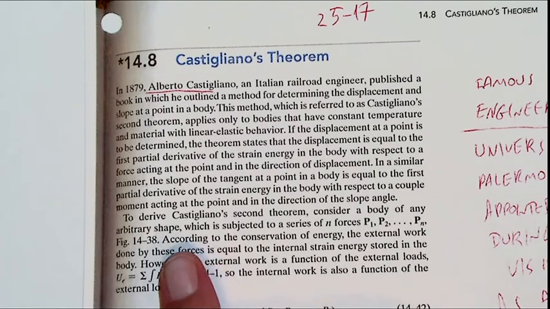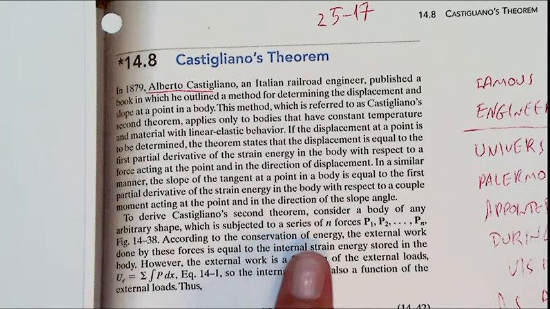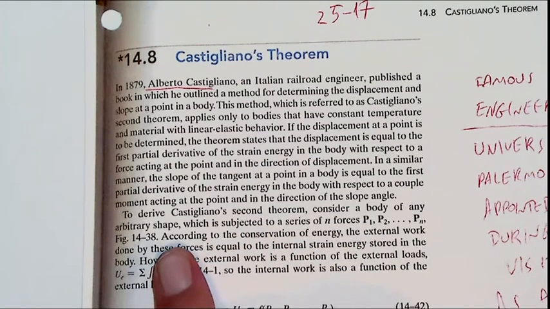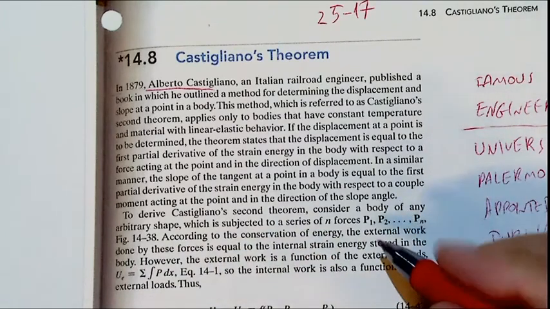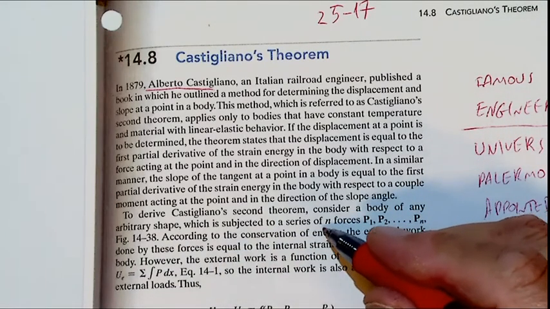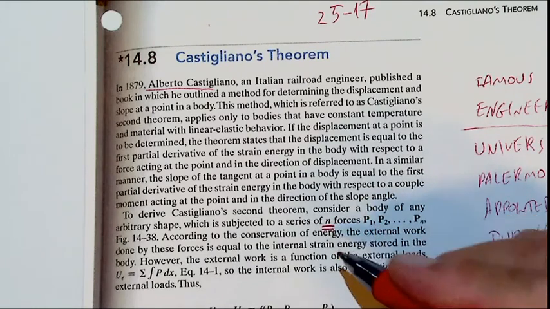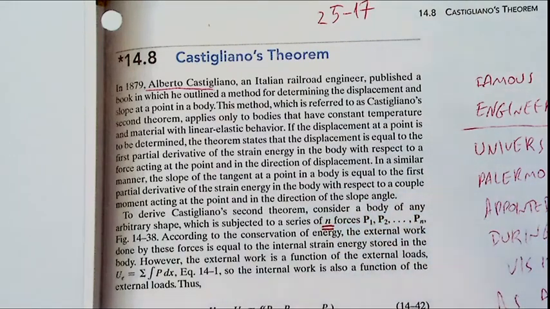To derive Castigliano's second theorem, consider a body of any arbitrary shape which is subjected to a series of forces P1, P2, Pn. Unfortunately we are using the same notation N as before, when we had the unit load creating a distribution of forces in the truss.